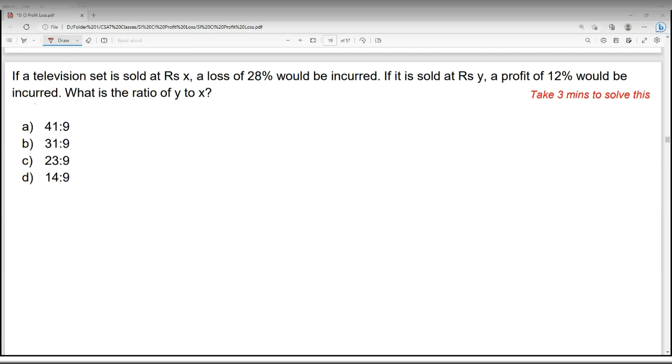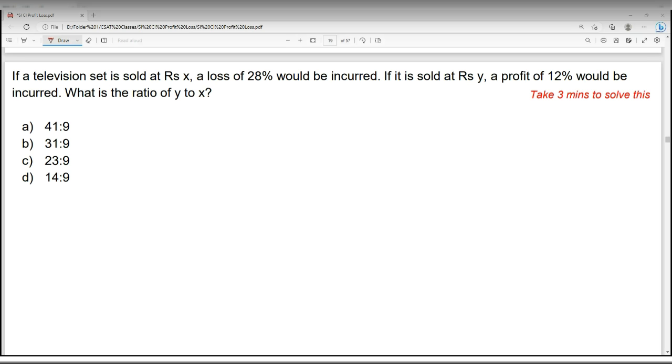Please take 3 minutes to solve this. It's time. Please select the option choices that you've got. Currently 50-50. So 45% have got option D, 33% C, 22% have selected option D. Nobody has got option B.